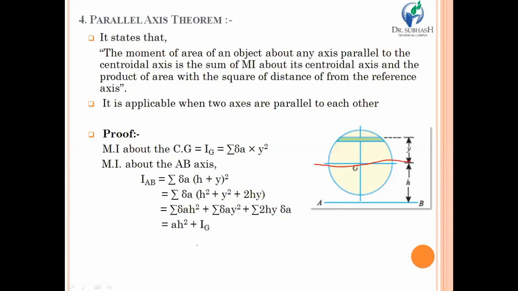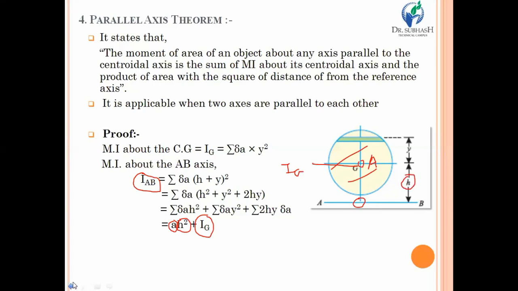So mathematically, the moment of inertia about any axis, let's take it as the AB axis, is always equal to the moment of inertia about its centroidal axis, that means IG, plus the product of the area of that particular section and the square of the distance from the centroidal axis to the axis that you have selected for the calculation of moment of inertia, that means h square.